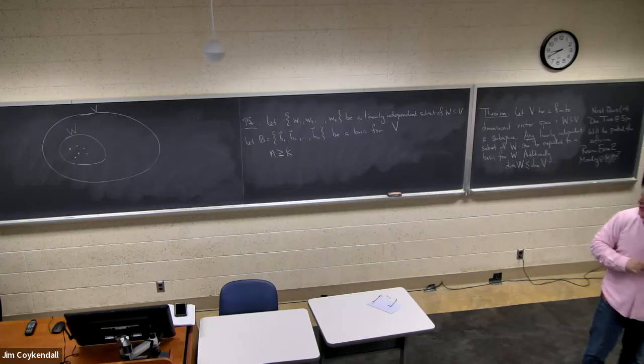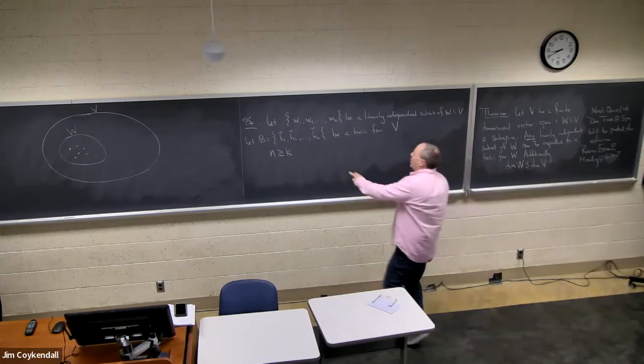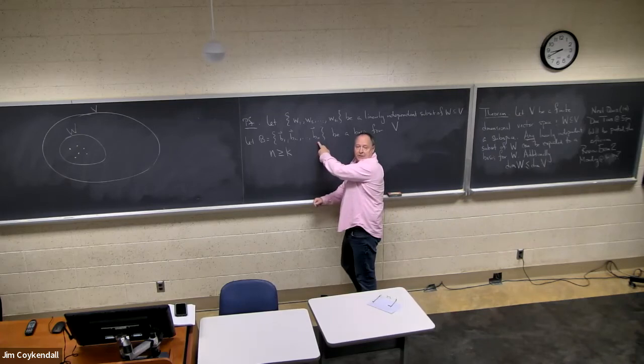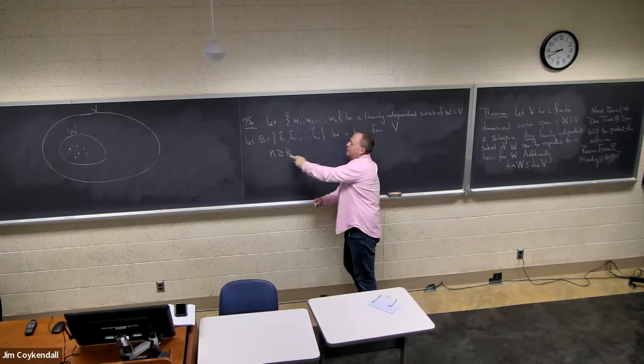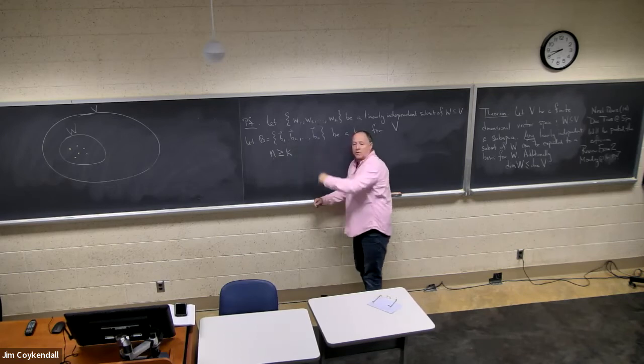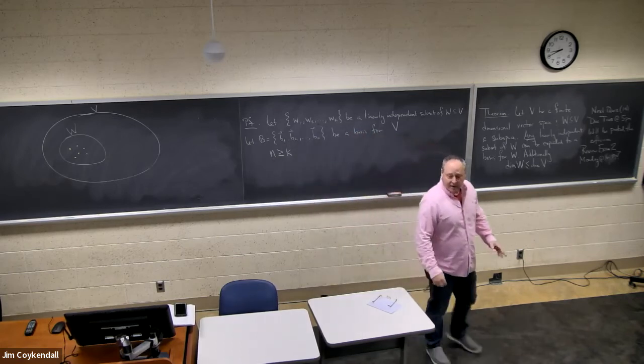So every set that has N or more elements has to be linearly dependent. This set is linearly independent. Agree? That's what we said here. So the number of elements in it must be less than or equal to the number of elements in the basis. Everybody okay with that?